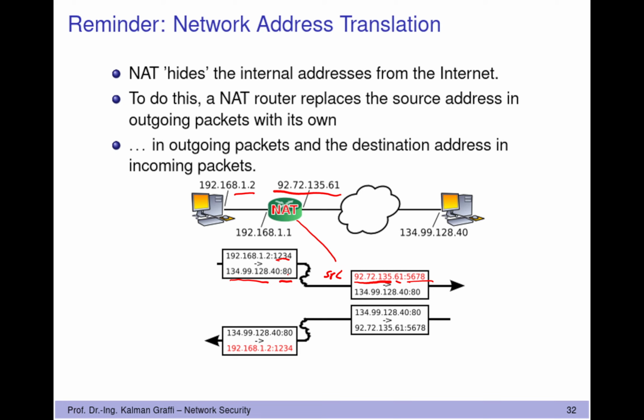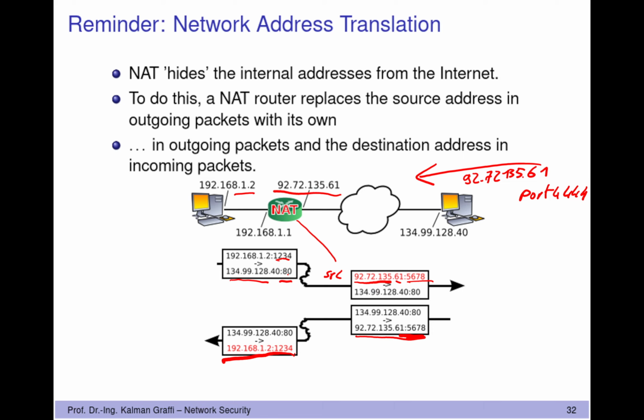And then the message comes in, addressing the same port. And this 5678 is then translated to this IP and port combination in order to use the local private address again. So, if there's no entry, let's say you get a packet for 92.72.135.61, but the port is 444.